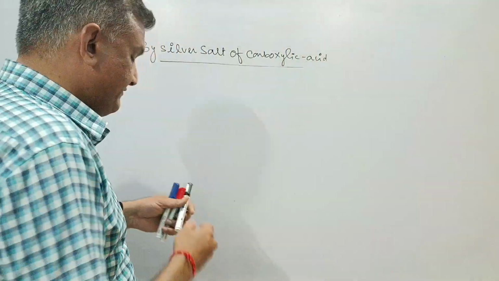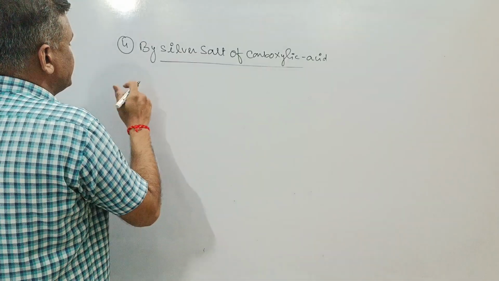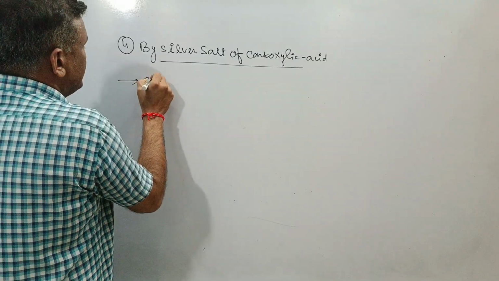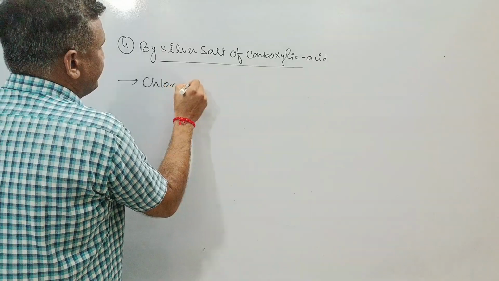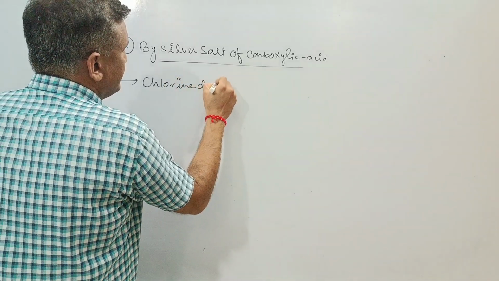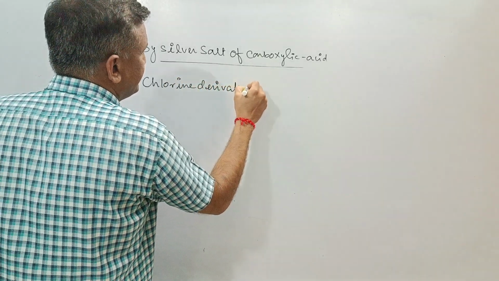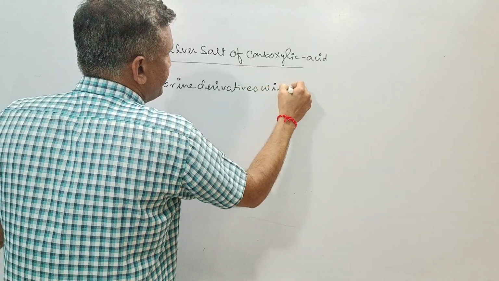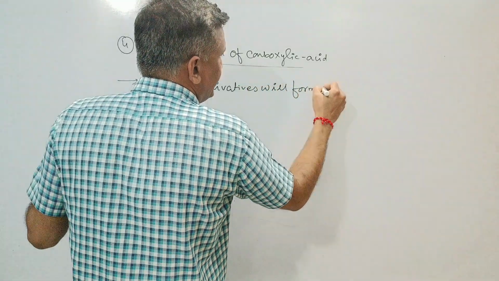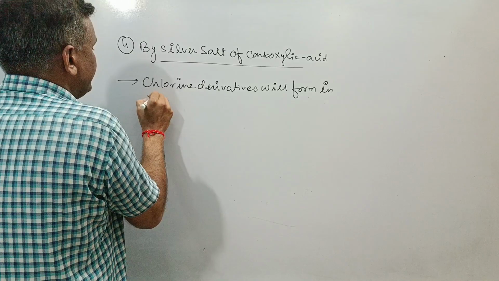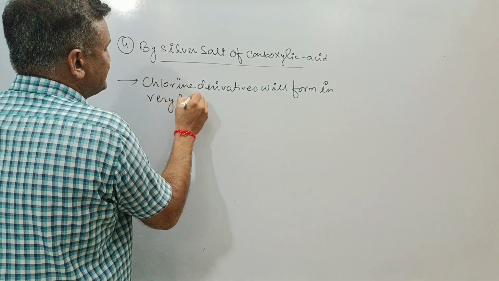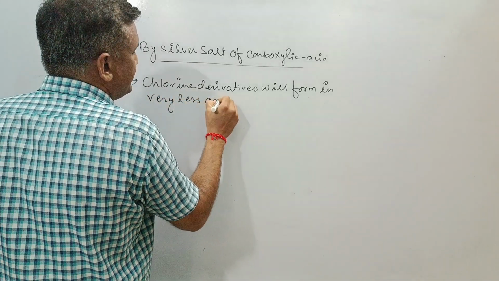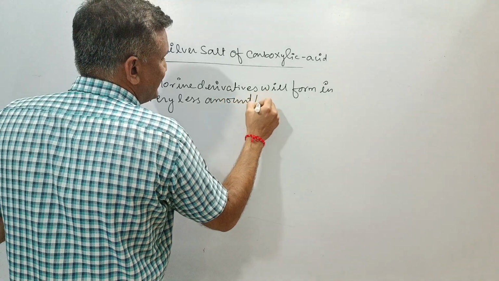So chlorine derivatives will form in very less amount, you can say less yield.